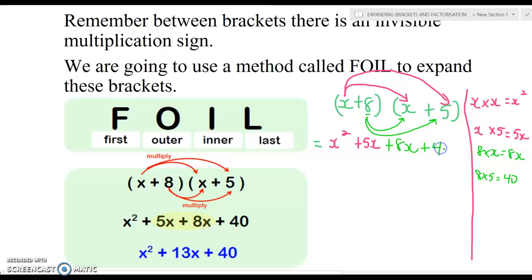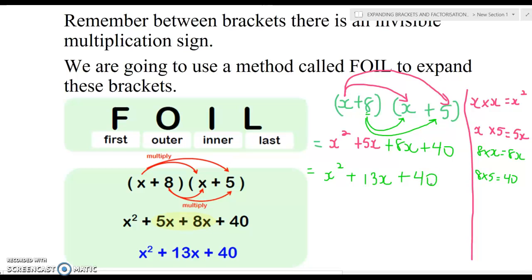So plus 40. So there we have it. And from there we just simplify. So we will get x squared plus 5x plus 8x is 13x, and then plus 40.